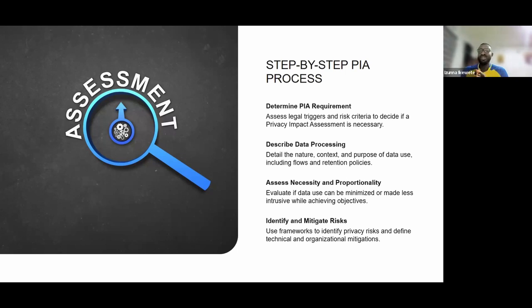How do we determine if it's required? Review the triggers. What are the triggers we discussed? Is it a large-scale processing activity, and so on? Is it processing vulnerable data subjects, children, elderly, patients?